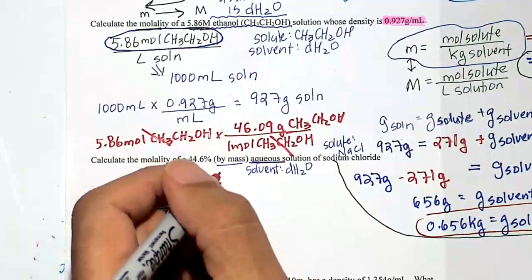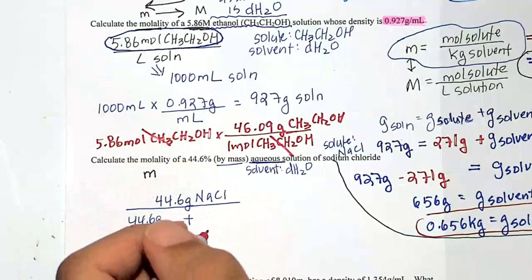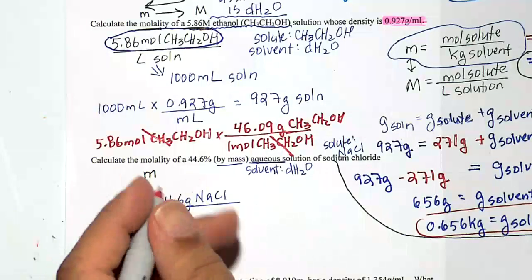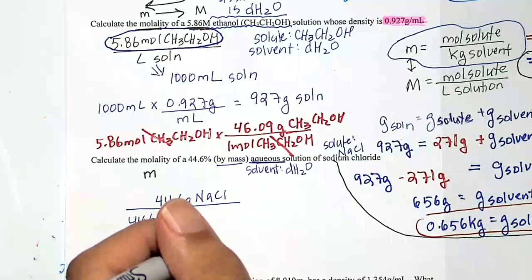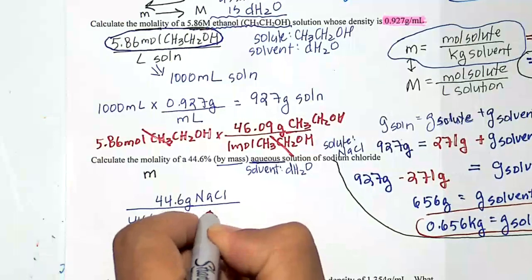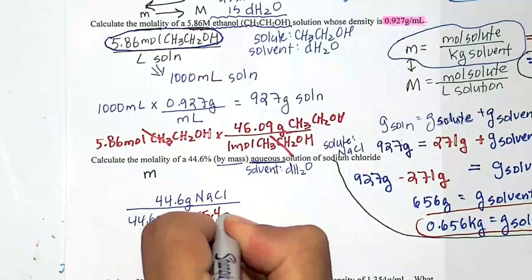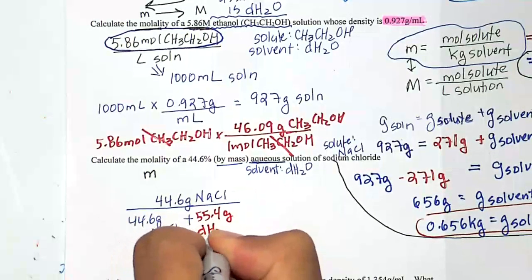It's a percentage, so how much water? 55.4, so that's 100 grams. So our solvent is going to be 55.4 grams of water.